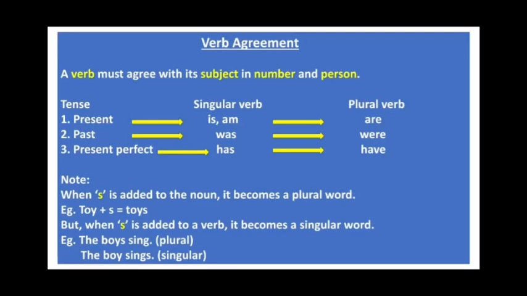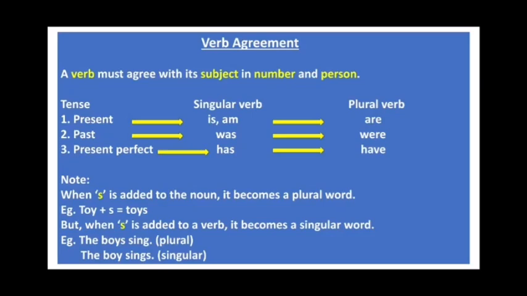Whenever we have present tense, the verbs that can be used are is and am in the singular verb, and in the plural verb, we have are. In the past tense, we have was that can be used in the singular verb and were that can be used in the plural verb.